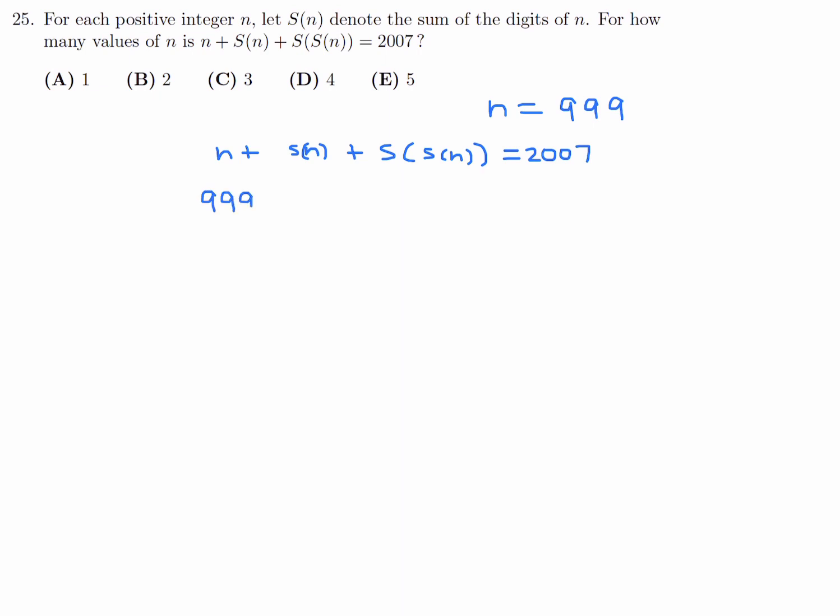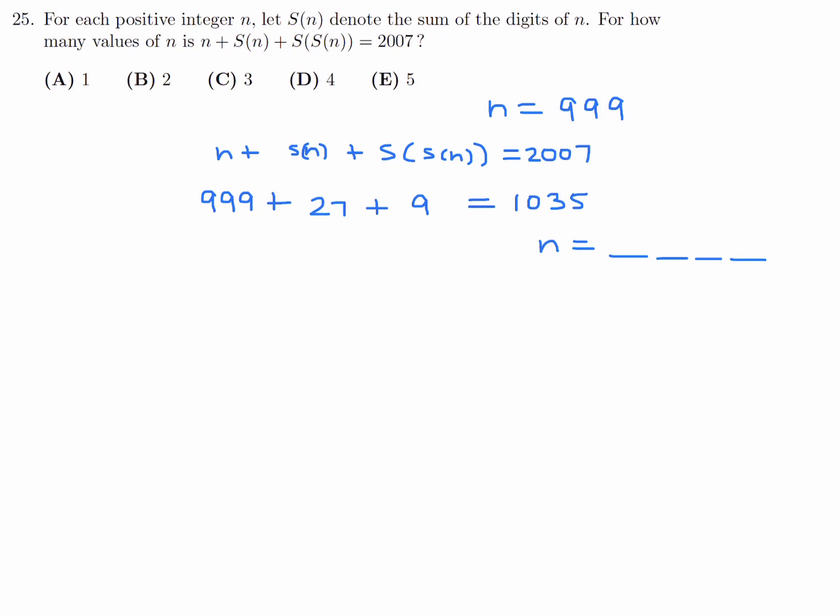Well, n is 999 plus Sn, the sum of the digits of 999, which is 27, plus the sum of the digits now of 27, that's what this means. So that would be 9, and that is equal to 1035. So I fall quite short of 2007. So that means n must be 4 digits. It must be a 4-digit number.